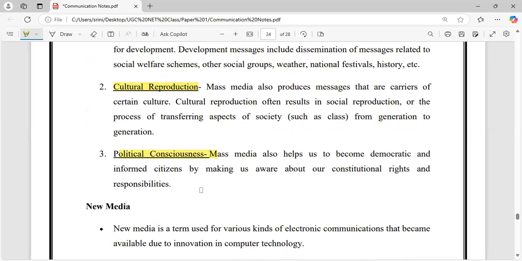Nowadays, either print media or visual media or YouTube, somewhat is biased.